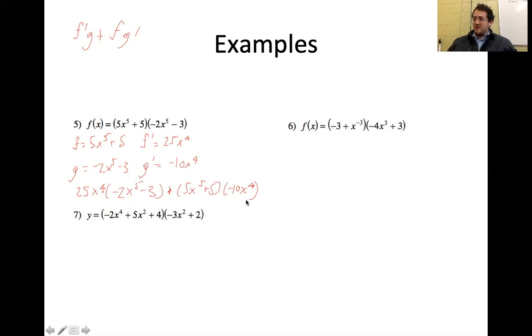So you may be saying, does it get any harder? Well, I do have a right to up the ante a little bit with negative exponents or fractions sometimes. If we look at an example like this, I have that my f is negative 3 plus x to the negative third. I may not be as kind sometimes. I could actually give you, like on Delta Math, 1 over x to the third. This is really just the same problem.